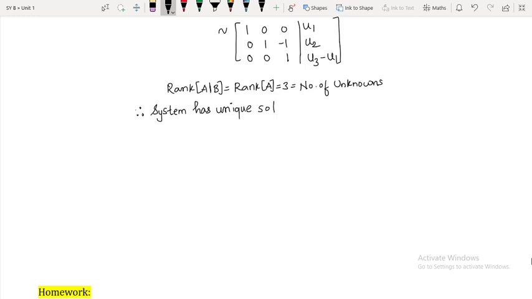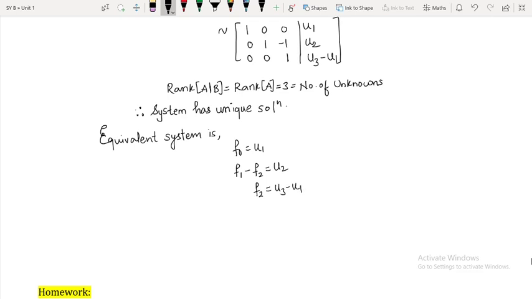So let us write down the equivalent system. What is the equivalent system? f0 we already got, u1; from the second equation, f1 minus f2 is equal to u2; and f2 we already got, it is equal to u3 minus u1, right?